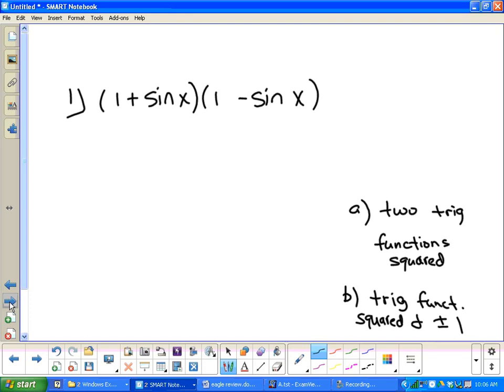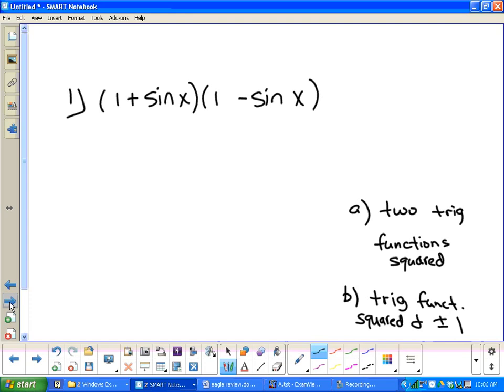Now, let's notice on this one that really there's not a Pythagorean identity there yet. What's missing? The squares. Okay, so if maybe one of those sines that I had was squared, it'll work out. So what do you think we can do here? Yeah, FOIL it out. Now we really don't have to FOIL it because they're conjugates.